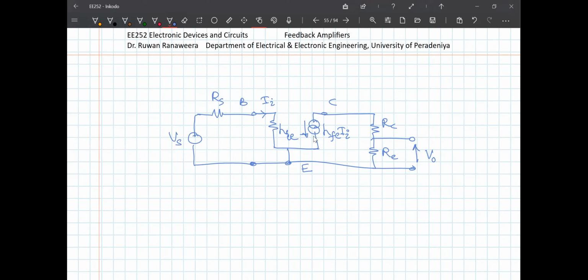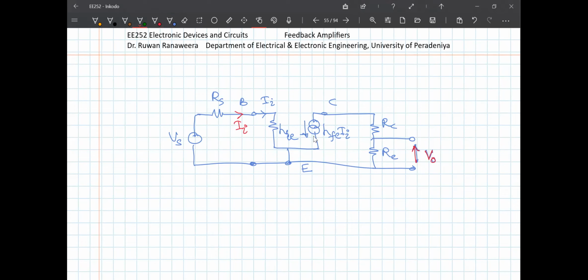So this is II, this is V out. So that's my circuit without feedback, the small signal model without feedback.